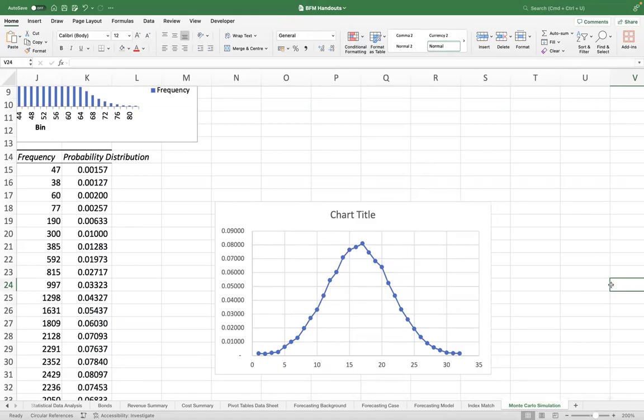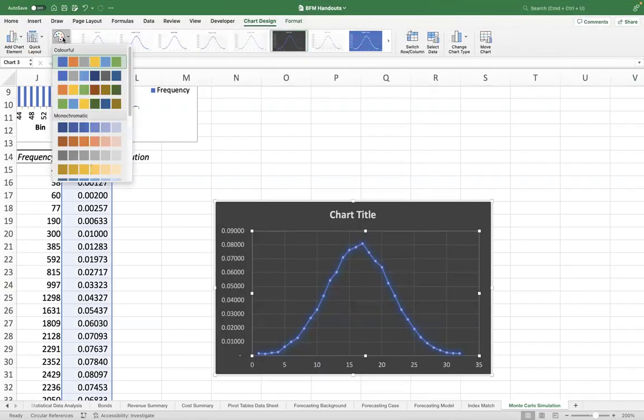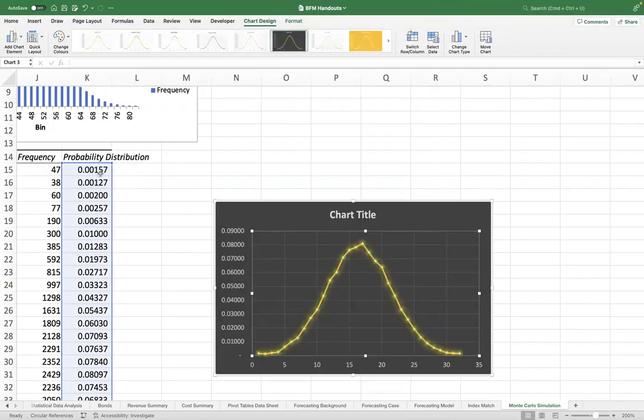That's the reason why it's slightly distorted. And then you can choose whatever design you want, whatever color you want. कुछ भी कर सकते हो. Wow. So this becomes your scatter diagram for the normal distribution curve.